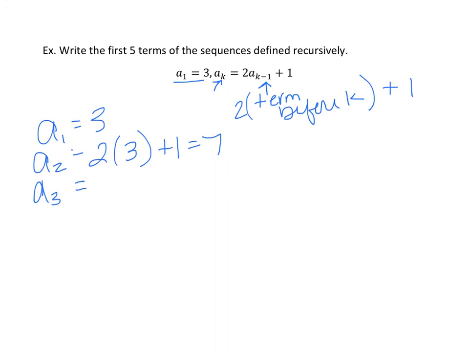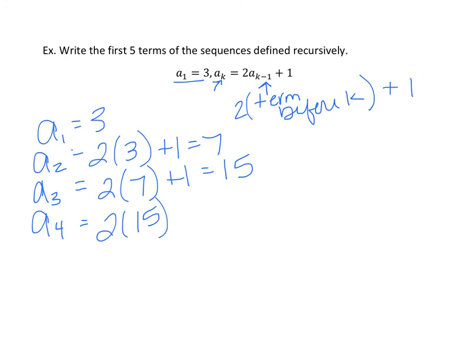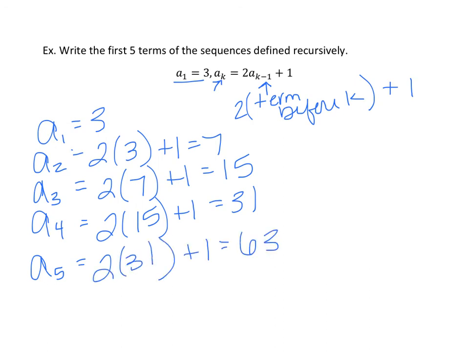My third term is going to be 2 times 7 plus 1 is 15. Fourth term, 2 times 15 plus 1, 31. Fifth term, 2 times 31 would be 62 plus 1, 63. So you've got to know your notation, how to read term before, term after, and such.